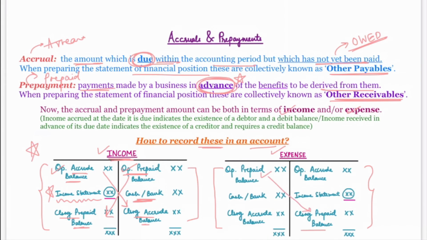Then the opposite of that, closing prepaid, on the credit side. Then the opening accrued balance on the credit side, and at the bottom, closing accrued balance on the debit side. Then cash and bank will be on the debit side as per the 3 rules we have seen, and the balance after totaling will go to the income statement, which will be written on the credit side.